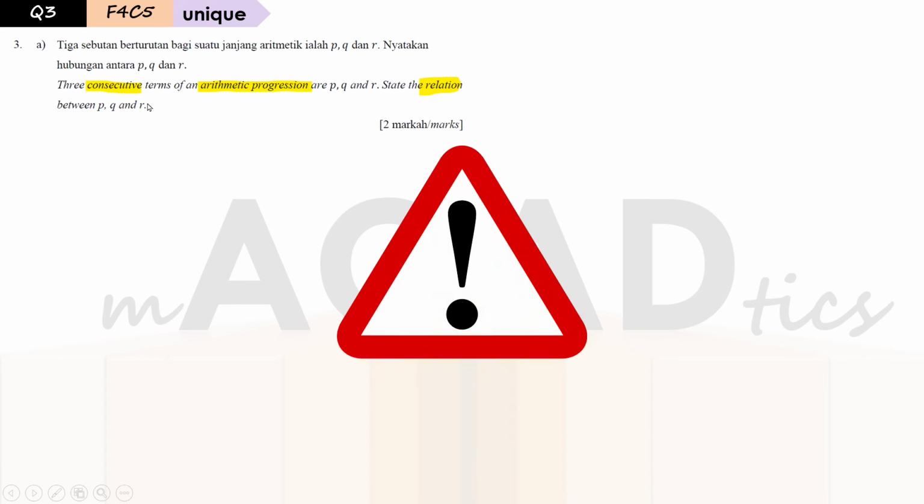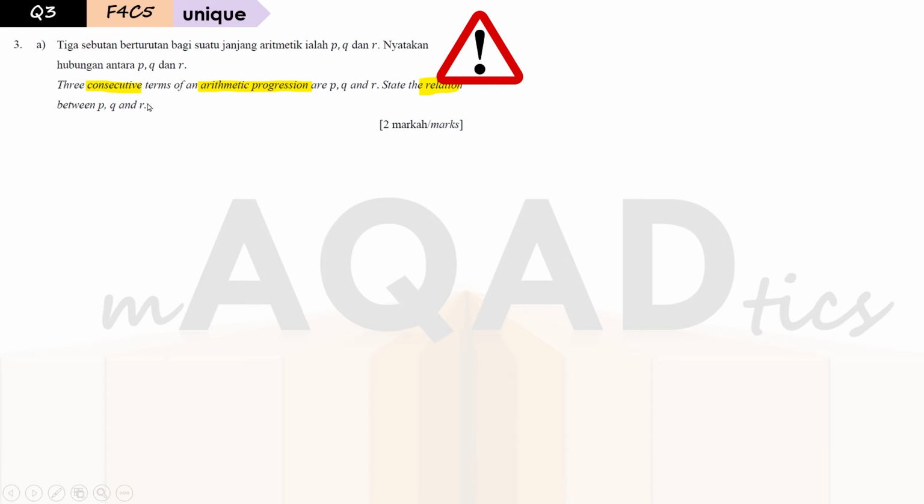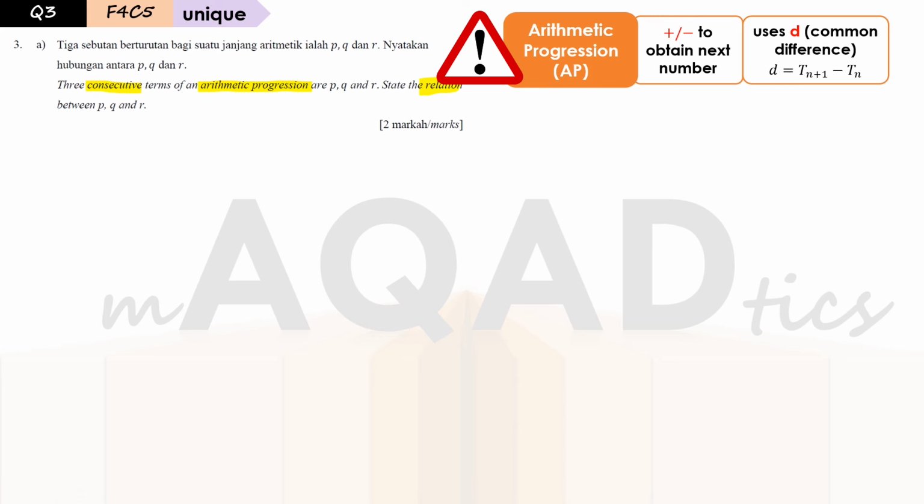So how are we going to do that? Well, we need to first understand how arithmetic progression works. An arithmetic progression is a sequence of numbers, and if we want to get the next number, usually we add or subtract. Let's say I add 2 here, then I get 4.